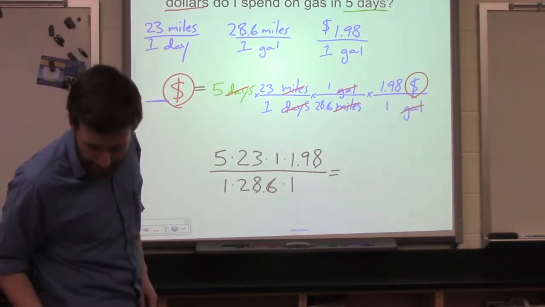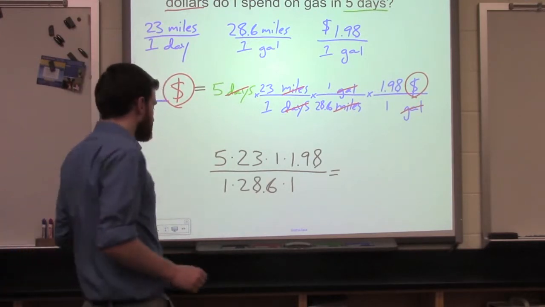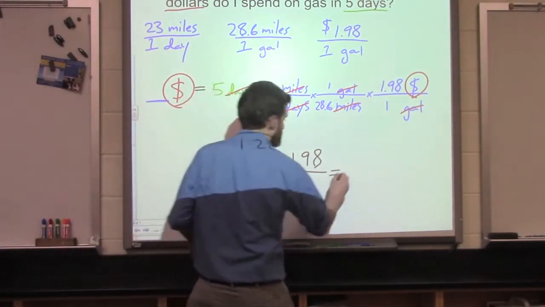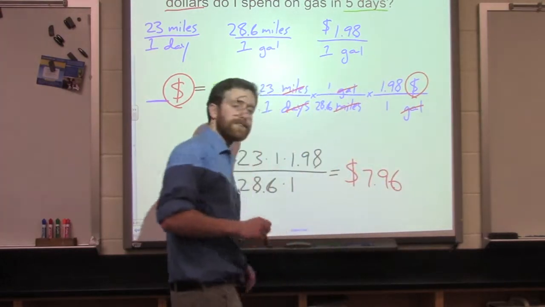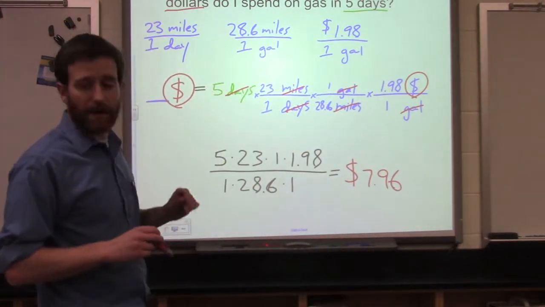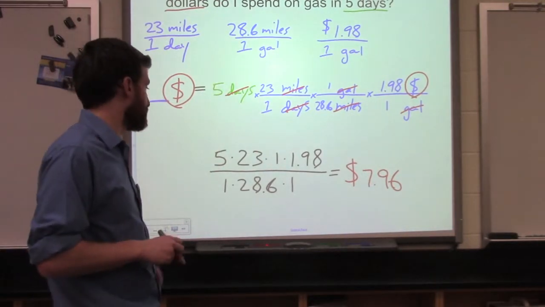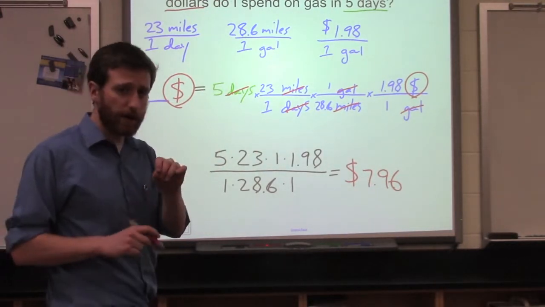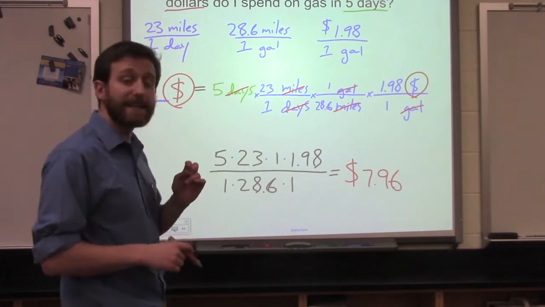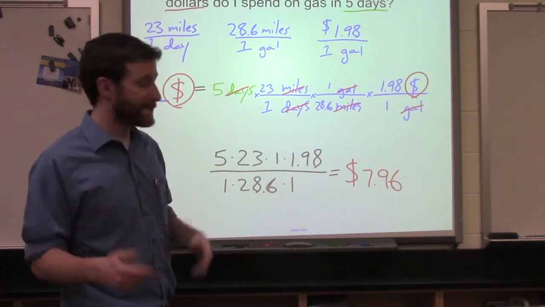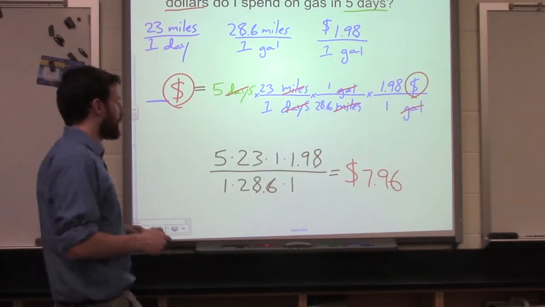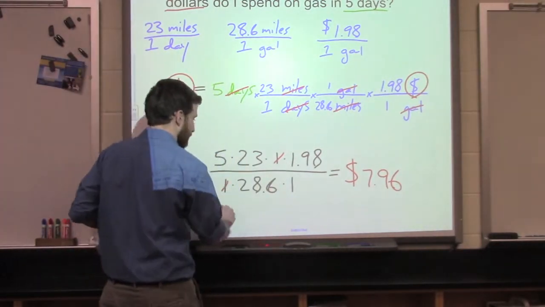So I get 7.96. I spend $7.96 every 5 days on gasoline, given this information. I want you to also know that since anything times or anything divided by 1 is itself, you could just do this math without the 1s.